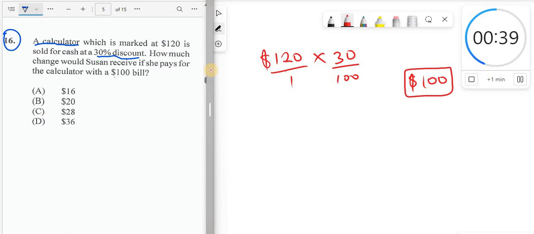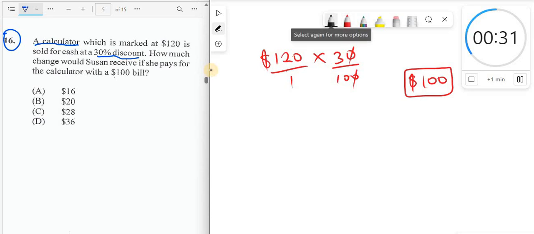So we can divide by 10, cancel the 0, in other words, divide 100 by 10, leaving us with 10. Can we simplify any further? Yes, the numerator with the denominator again. We can cancel off this 0 with this 0 here, divided by 10, in other words. And so we have 12 times 3, which is 36. So $36 is the discount. All right. But what's the cost of the calculator?